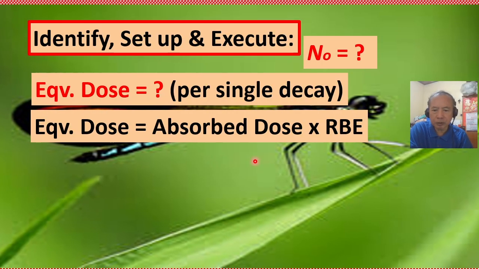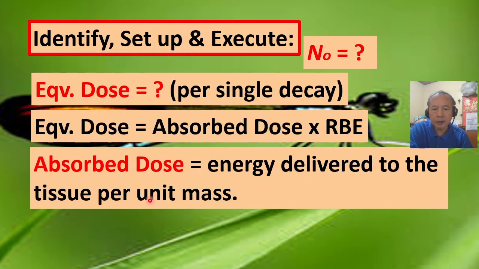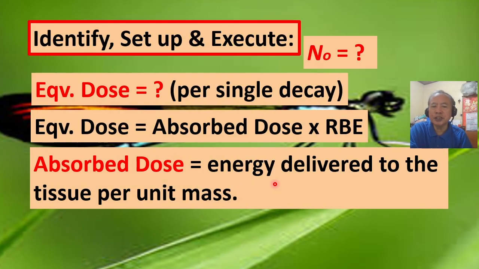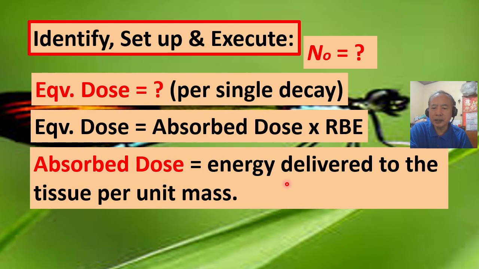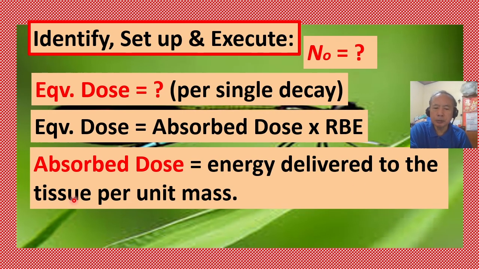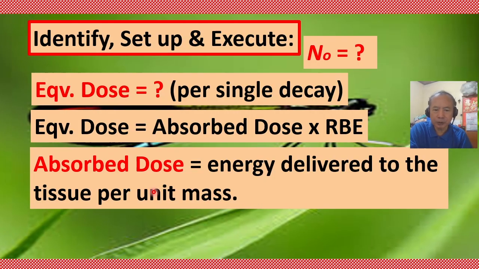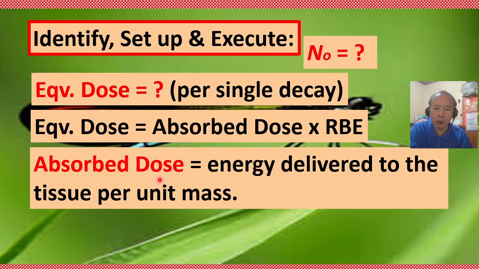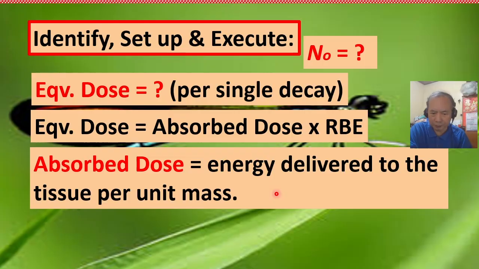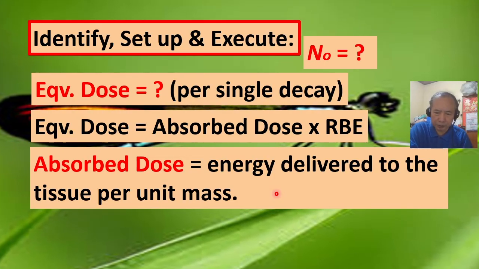Absorbed dose refers to the amount of energy that is delivered to the tissue or body tissue per unit mass. So absorbed dose is a measure of energy per unit mass.